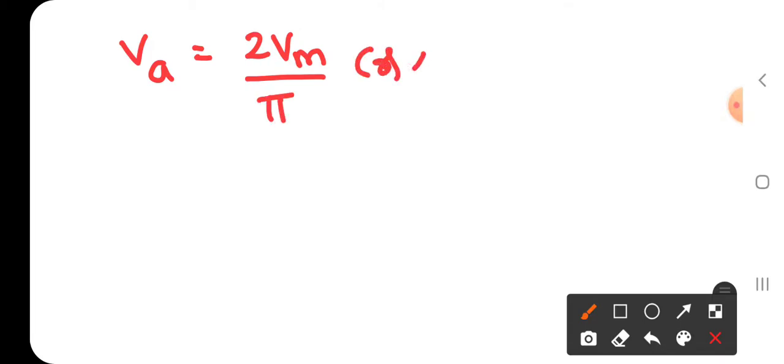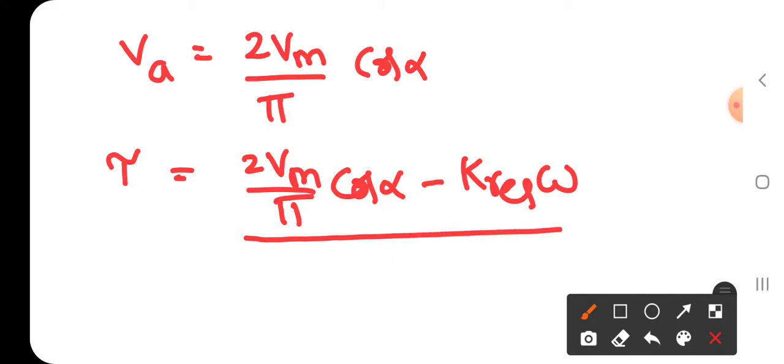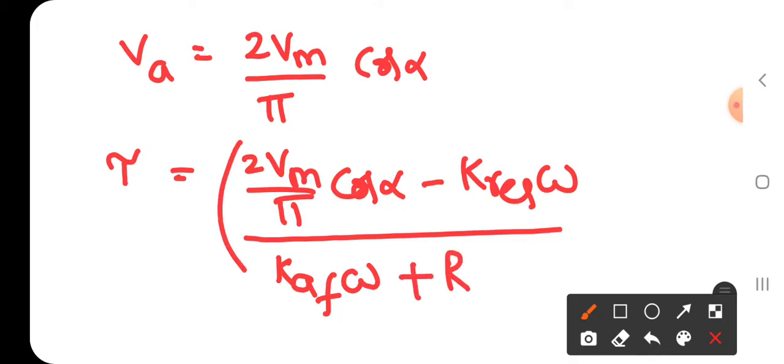Hence tau is equal to K_AF into ((2 V_m by pi cos alpha minus K_RES into omega) divided by (K_AF omega plus R)) whole squared.